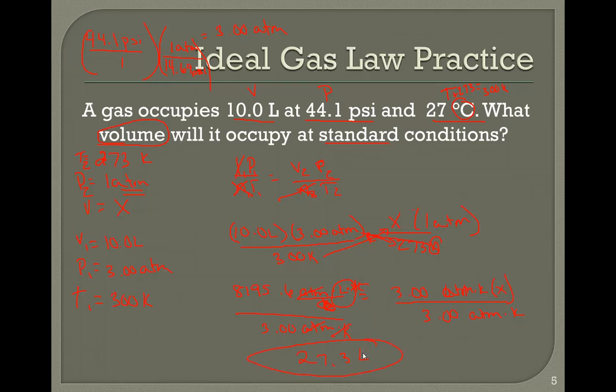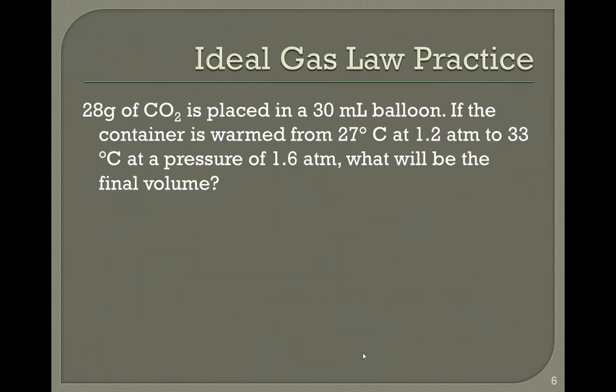Let's try another one. 28 grams of CO2 is placed in a 30 milliliter balloon, so that's our volume. If the container is warmed from 27 degrees Celsius, so that's T1, at 1.2 atm P1, to 33 degrees Celsius, that's T2, at a pressure of 1.6 atmospheres, that's P2, what will be the final volume?